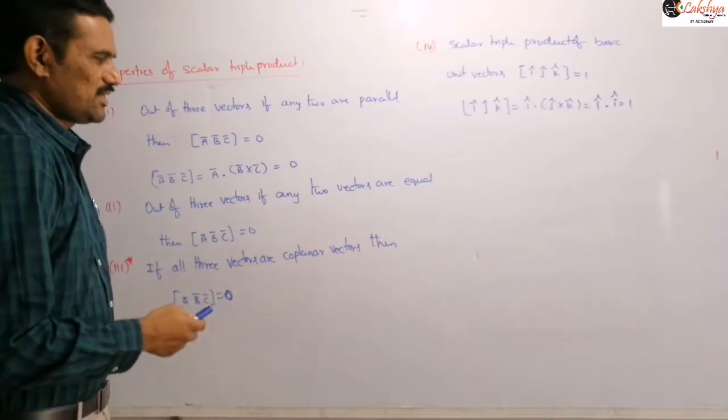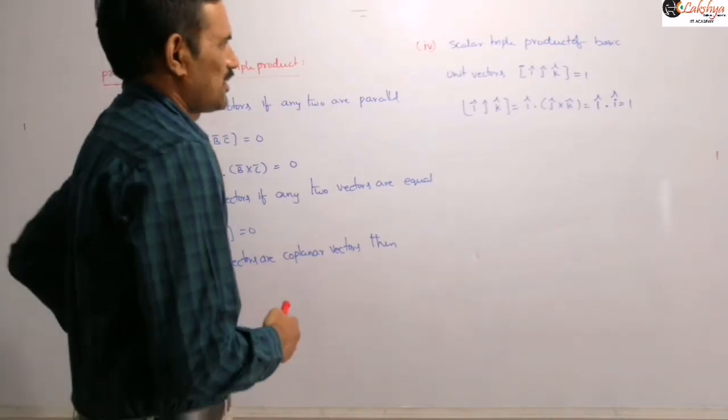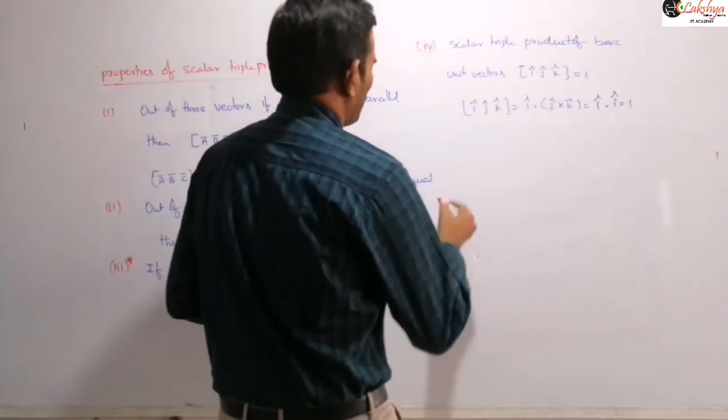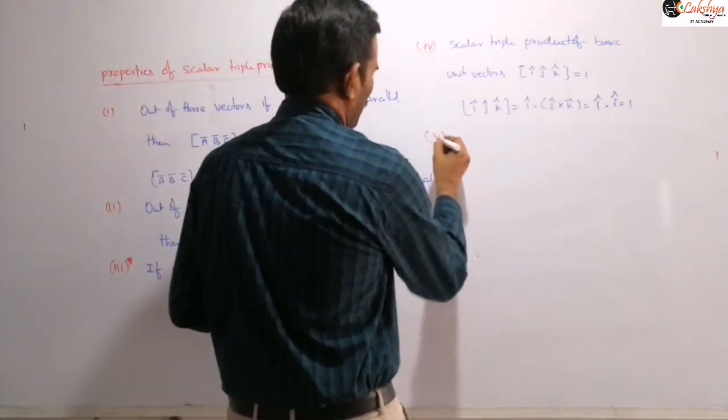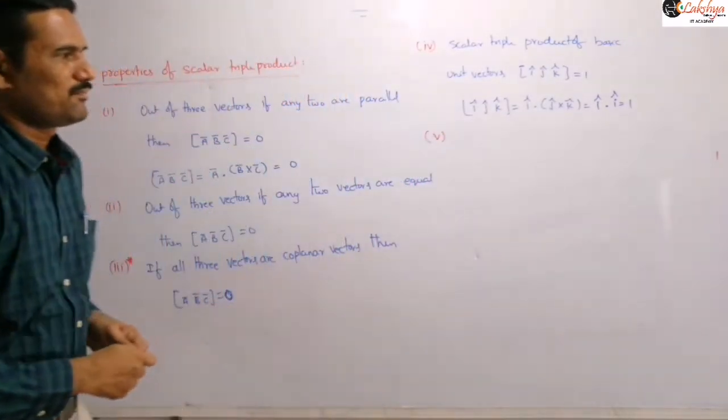And next we can discuss, if three vectors are given in component form, let us see how to find this scalar triple product here.